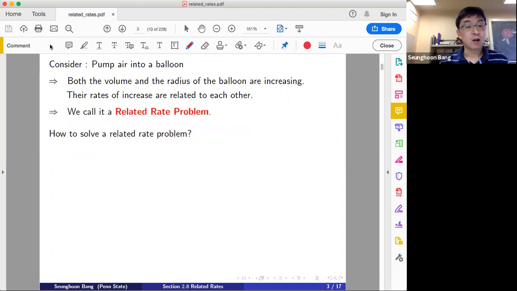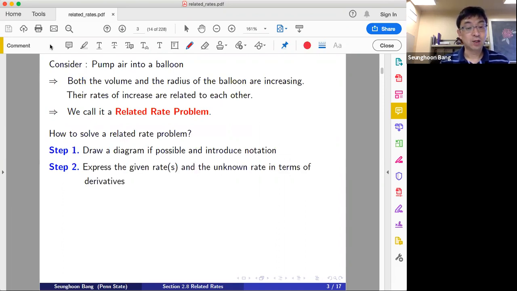So how can you solve a related rate problem? We can follow these steps. Step 1, draw a diagram if possible and introduce notation. Step 2, express the given rates and the unknown rate in terms of derivatives.